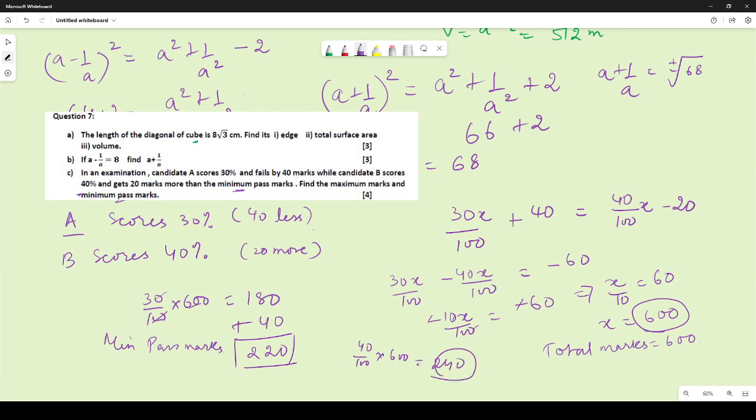And see, this marks are 20 more than the minimum pass marks.